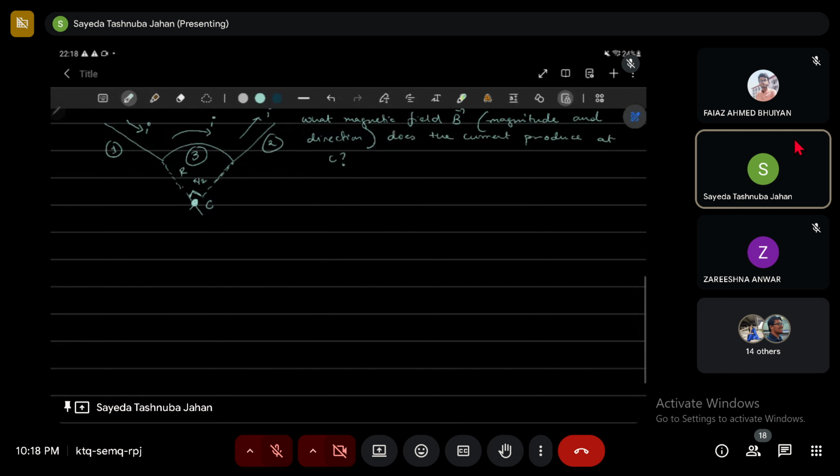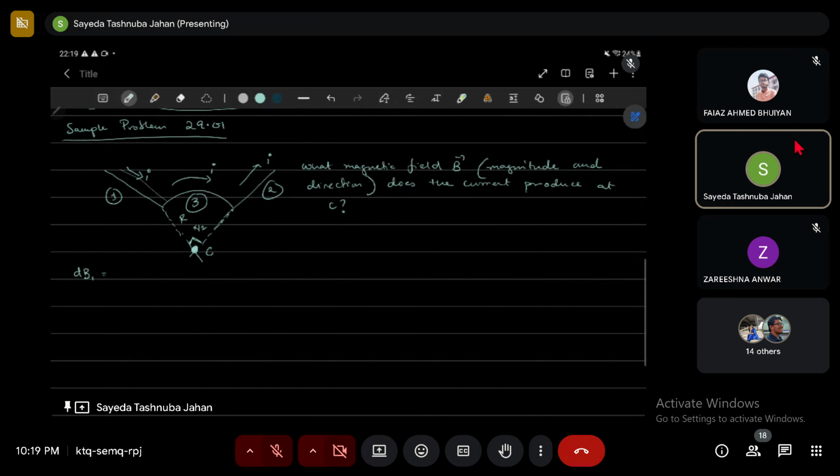Okay, so now first of all, let me find the two straight sections. So let's say I'm going to find dB1. dB1 is the magnetic field at C due to this straight portion. Now, for dB1, first I have to define ds.